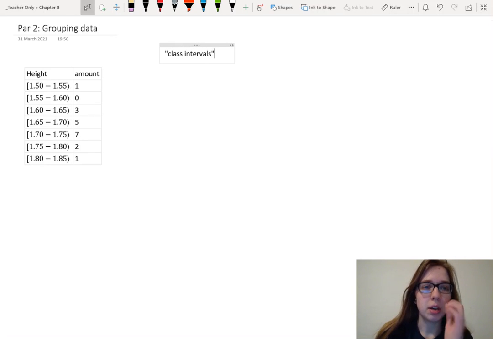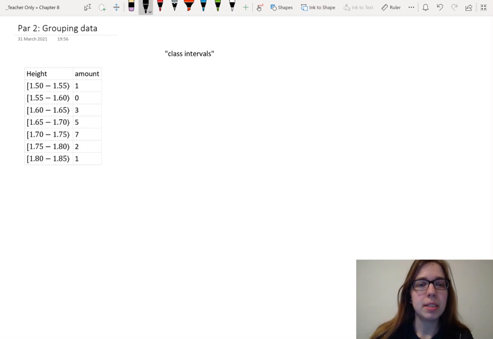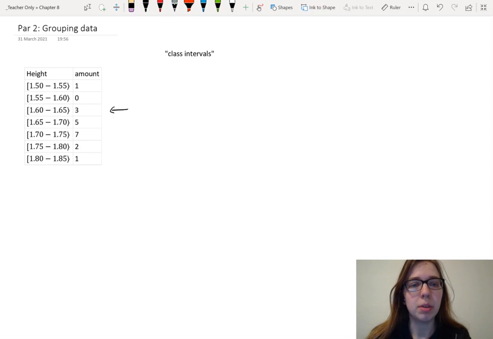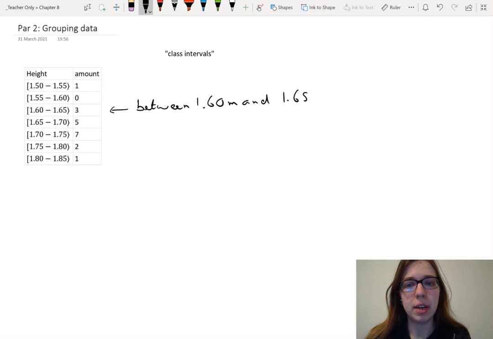Each one of those intervals right here is one of these class intervals, and we now have the tools to write them as intervals in interval notation. So, for instance, if we have a look at this interval, the three people in that interval have a height that can be anywhere between 1.60 meters and 1.65 meters.